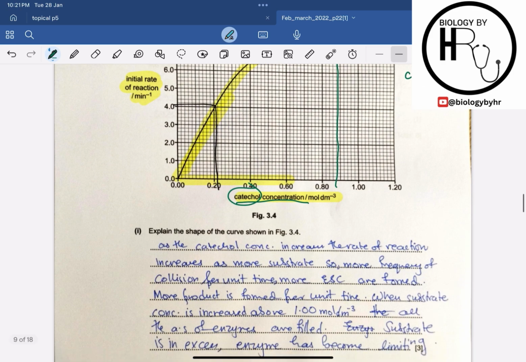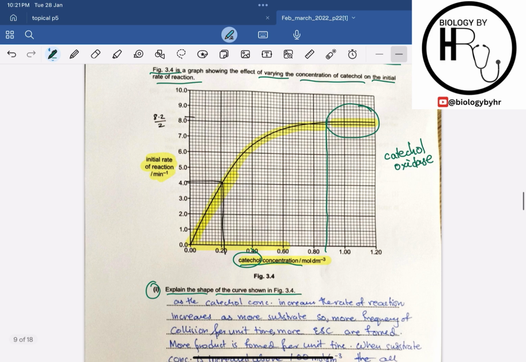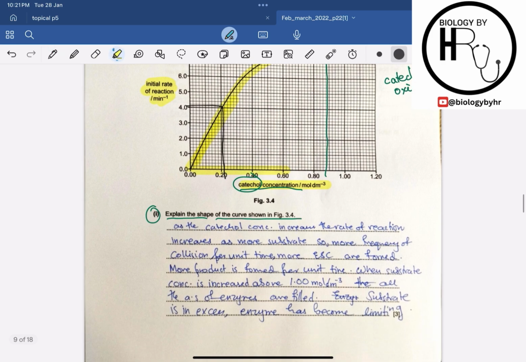So let's now look at the question. They are saying: explain the shape of the curve shown in figure 3.4. We have already discussed the shape of the curve, that as the concentration of the catechol increases, the rate of reaction increases as there is more substrate, so more frequency of collisions per unit time.